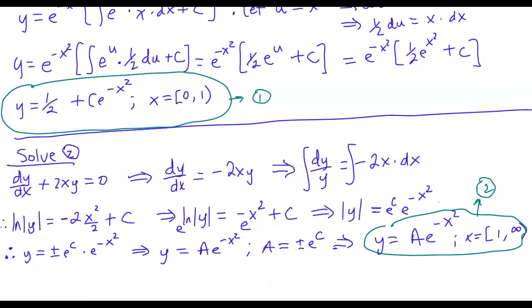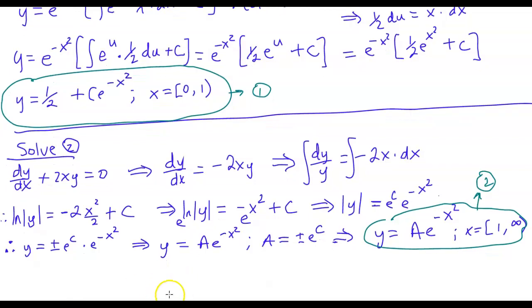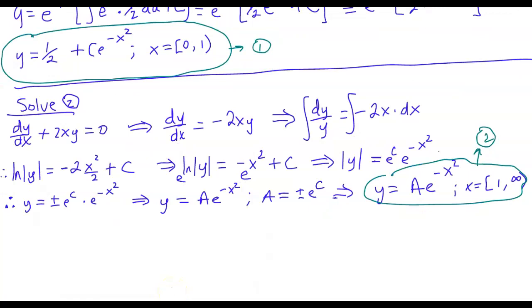So now that we know what our solutions are for the first and second piece of the corresponding piecewise function in our differential equation here, we do need to go ahead and apply the initial condition. So let's talk about that. So here, of course, our initial condition was y of 0 is equal to 2.